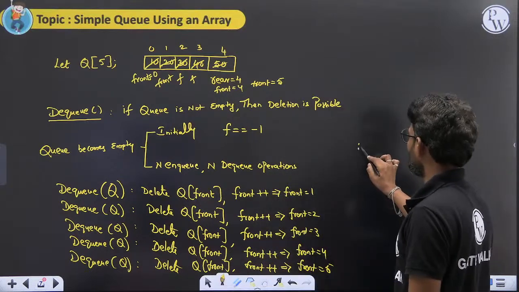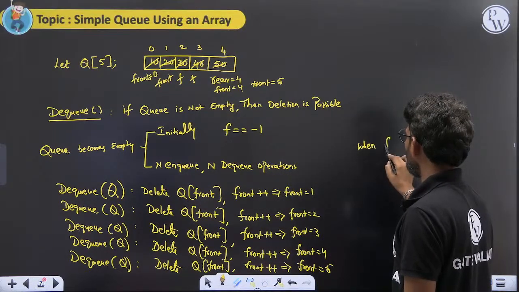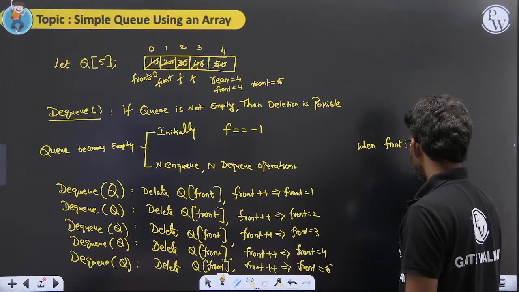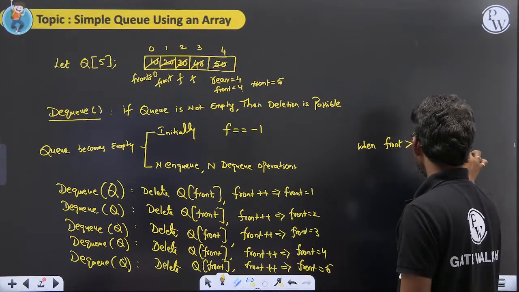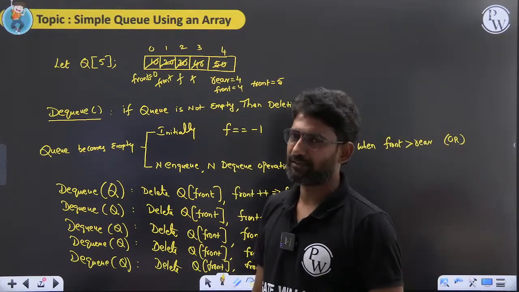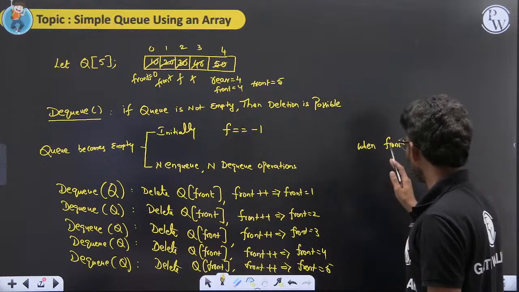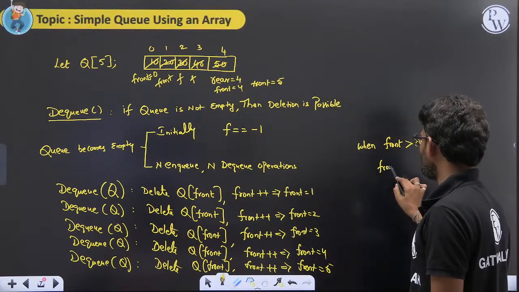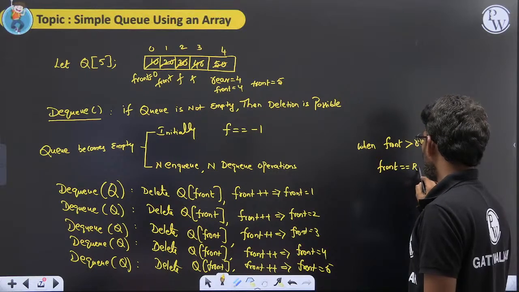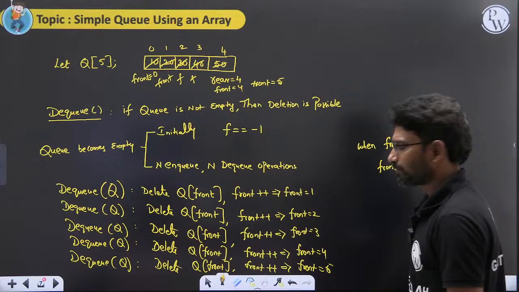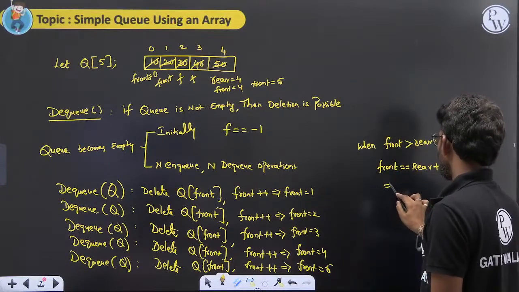So when front is greater than rear, or there are several ways to implement, guys. In different sources you will find it differently. So you can say when front is greater than rear, or when front is equal to rear plus 1, the queue is empty.